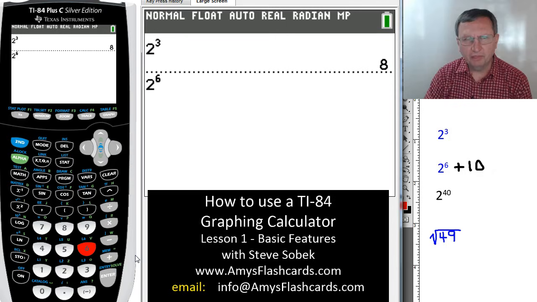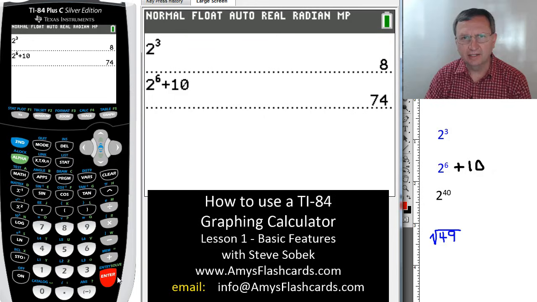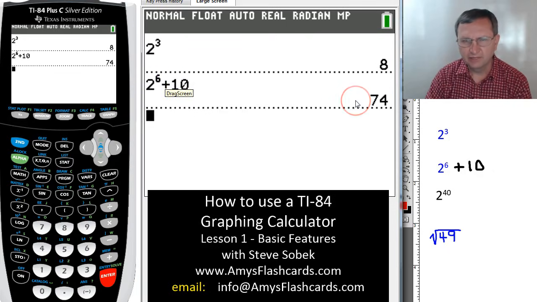Now we have a little bit of a problem that the cursor is still up here in the exponent. If we type a plus sign now, it's going to be part of the exponent. So we have to hit the right arrow key to move out of the exponent. Now we're down below here. Now we can hit the plus sign and then type in a 10 and hit enter, and we get what we expected. 2 to the 6th power, of course, is 64, and 64 plus 10 is 74.